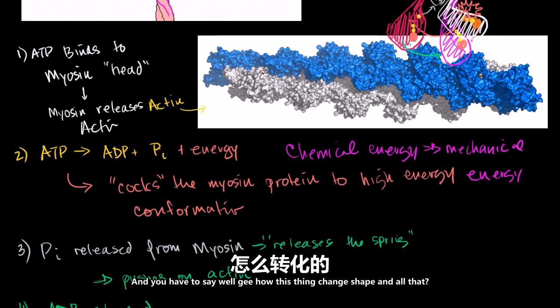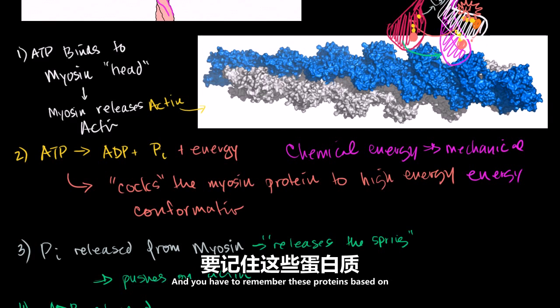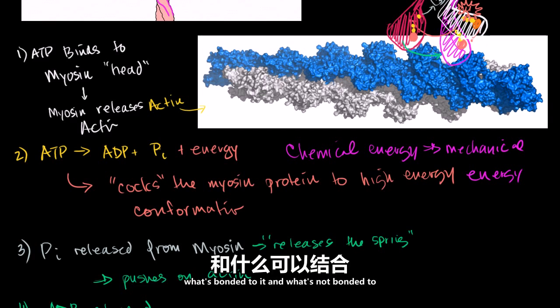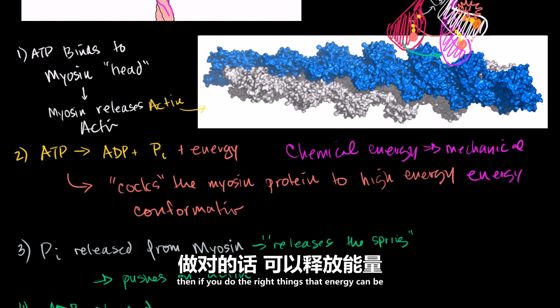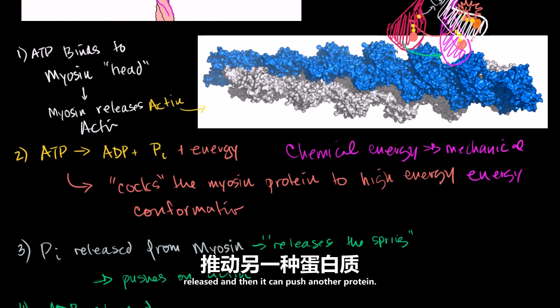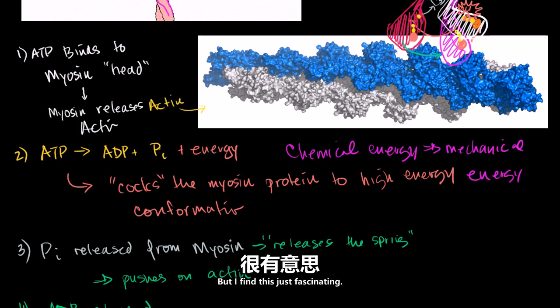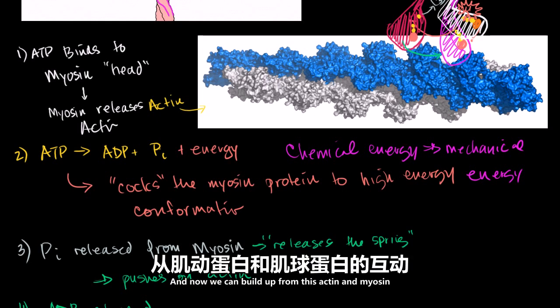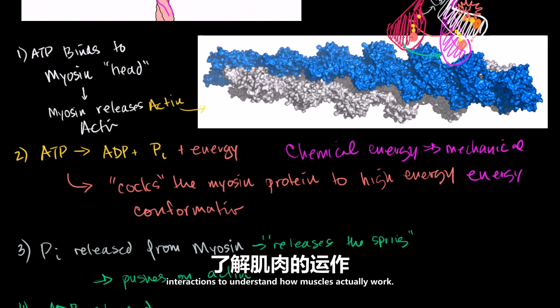You have to remember, these proteins, based on what's bonded to them and what's not, change shape. Some of those shapes take more energy to attain. And if you do the right things, that energy can be released, and then it can push another protein. I find this just fascinating. And now we can build up from this actin and myosin interaction to understand how muscles actually work.